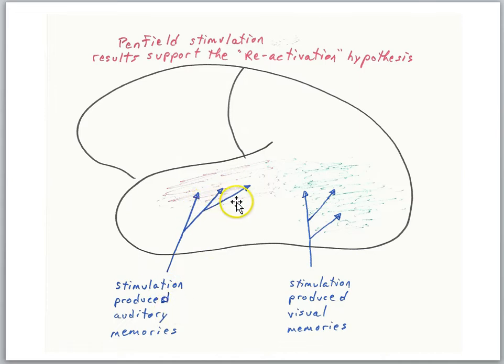And again, this fits with the reactivation idea that the visual areas are used for visual processing during perception, but stimulating those same areas can produce visual memories, arguing that the same bit of brain tissue is processing perception and may be involved in storing memories, in this case visual here and auditory around the auditory cortex.